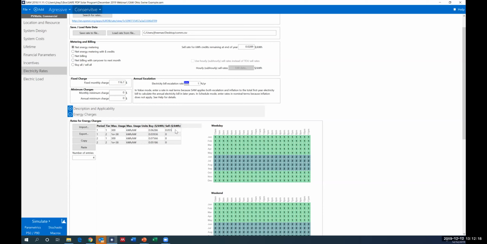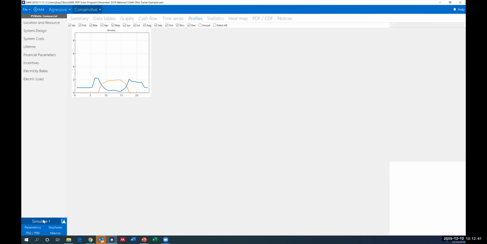So we'll have our sell rate be the same. Okay, and then we're going to do this with net metering plus dollar credits, which is about what we had before. And now we're going to go ahead and run this simulation.